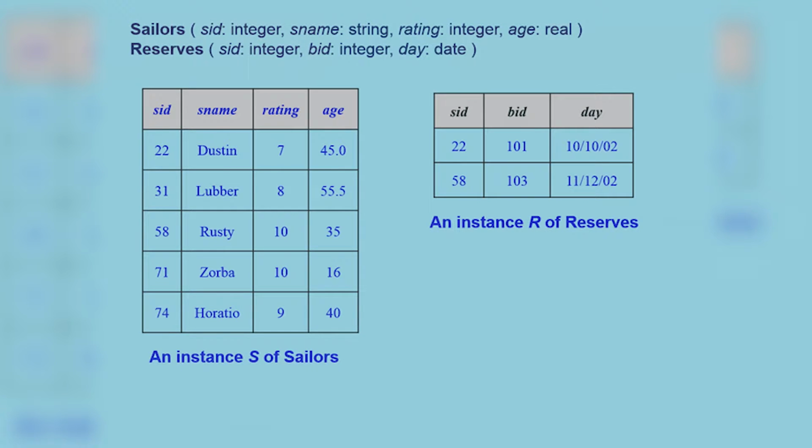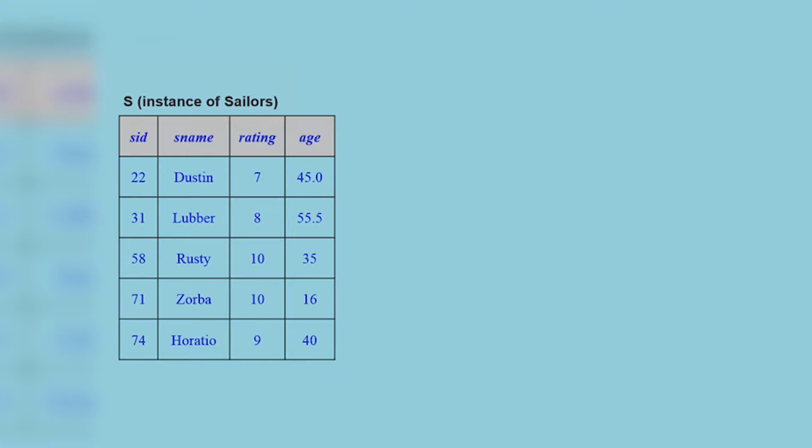You can see 2 tables with the data, an instance S of sailors and an instance R of reserves. S, instance of sailors. Our task, Query 7.